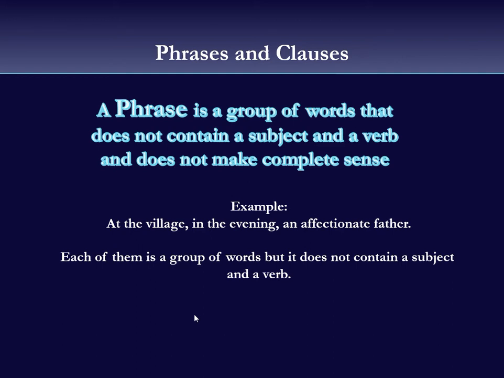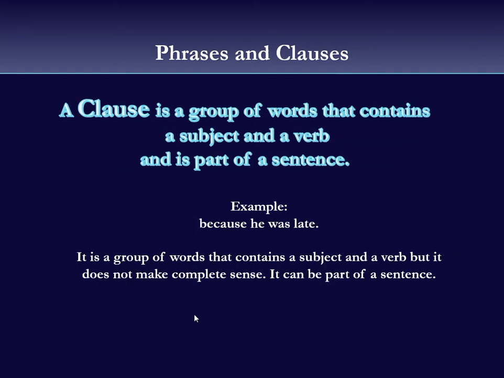Now we come to a clause. A clause is a group of words that contains a subject and a verb and is part of a sentence. For example, because he was late.